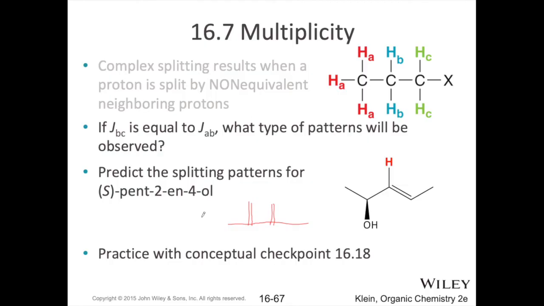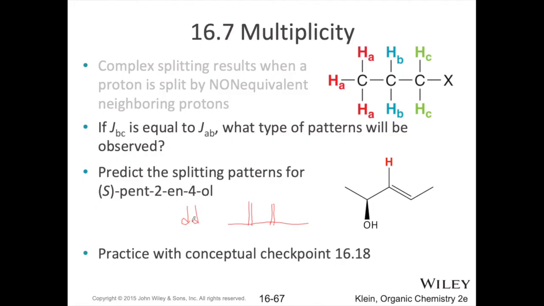By the way, if you're writing this out, the abbreviation for this would be a double D for doublet of doublets. Typically you use the letters S for singlet, D for doublet, T for triplet, Q for quartet, things like that.